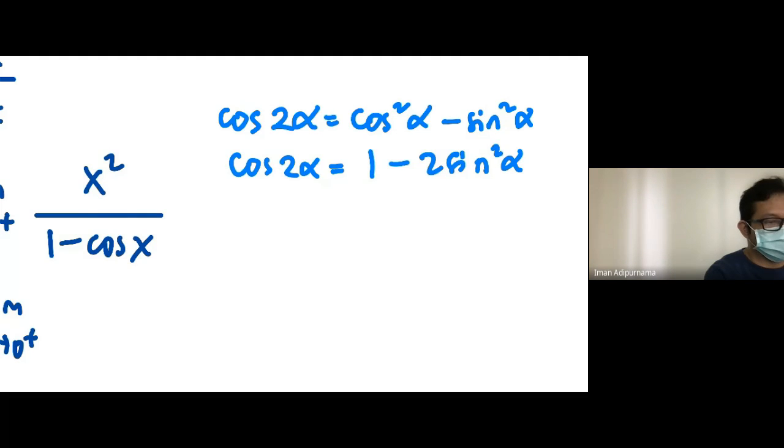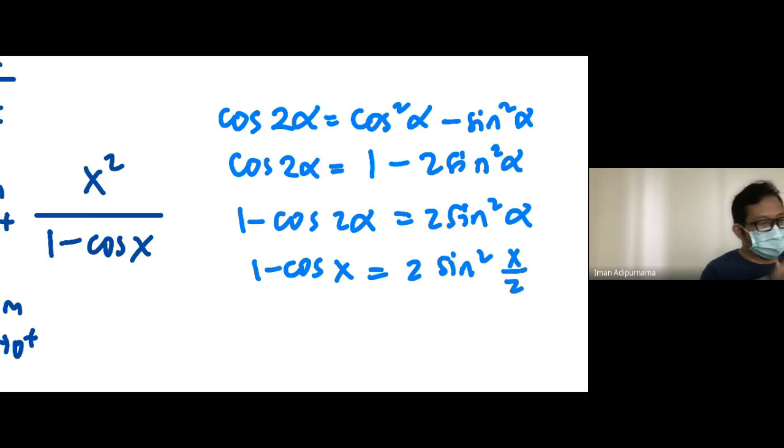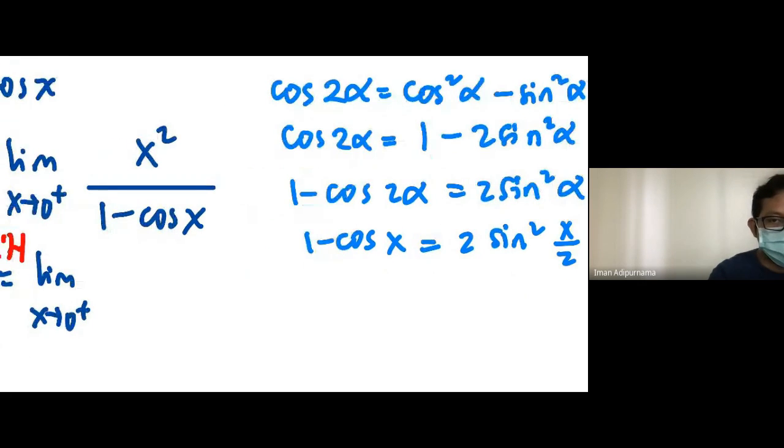So 1 minus cos 2 alpha is 2 sine squared alpha, so 1 minus cos x is 2 sine squared of x over 2. I think we can use this.